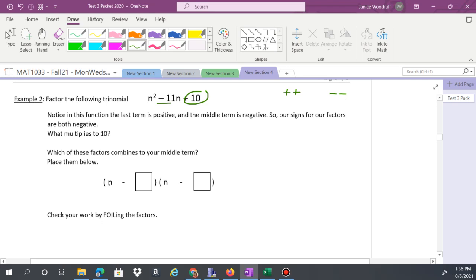We set up our factors, n and n in parentheses. Then we do our factors of 10: 1 times 10, 2 times 5. They're both negative, we know that. Which of these combines to negative 11? 1 and 10. So this is (n minus 1)(n minus 10).